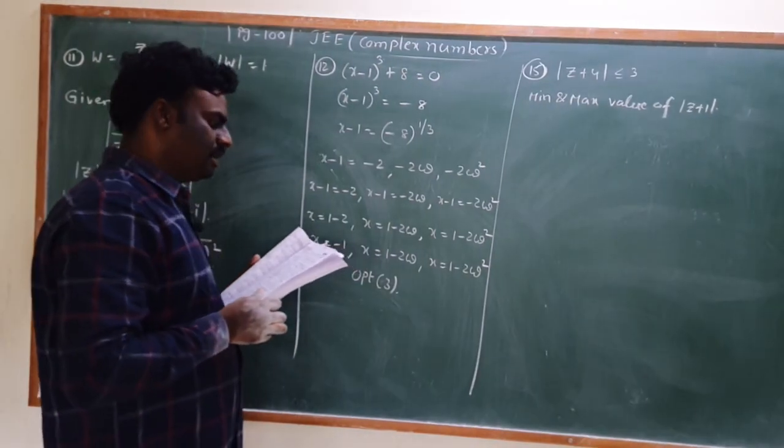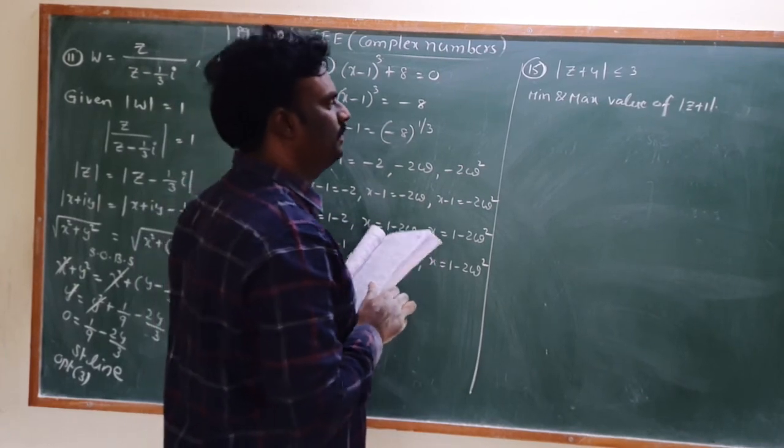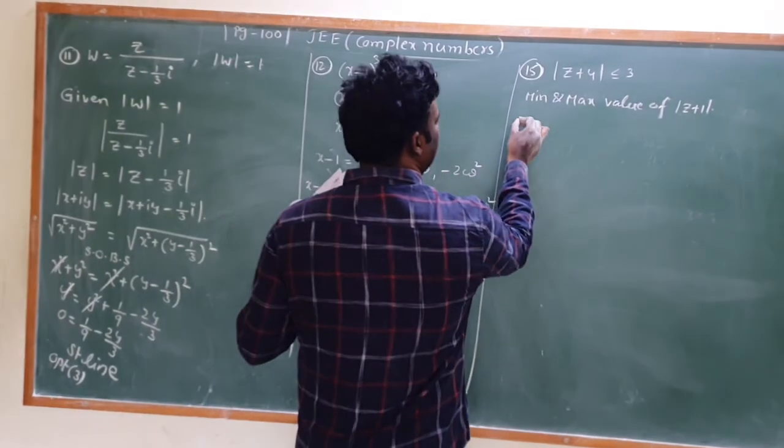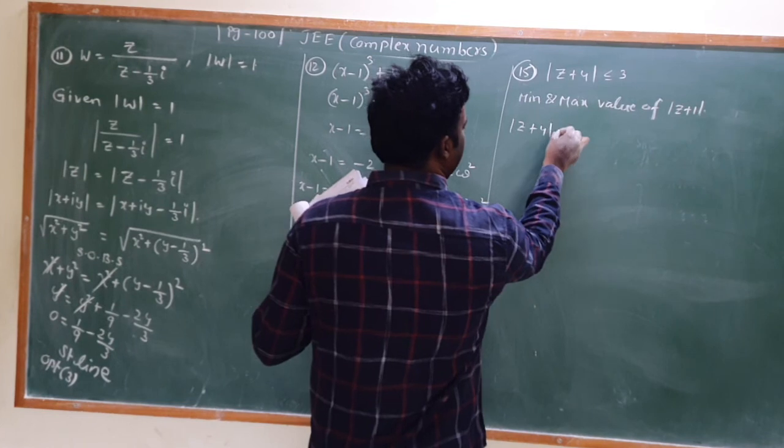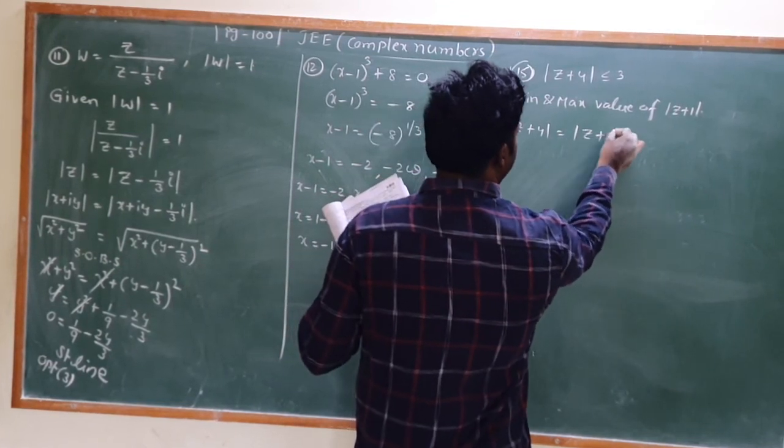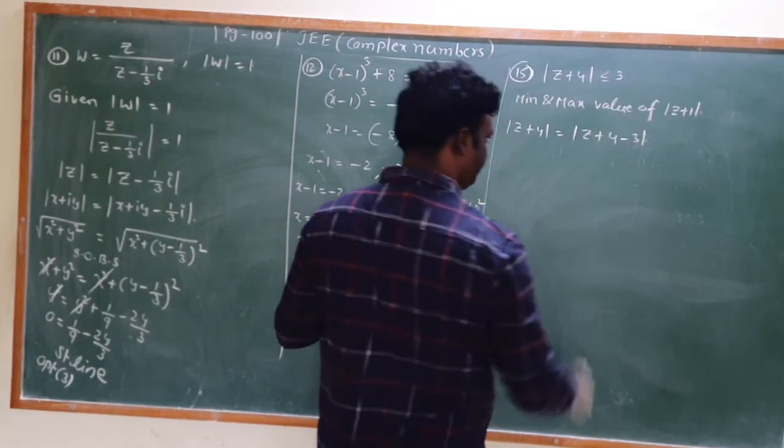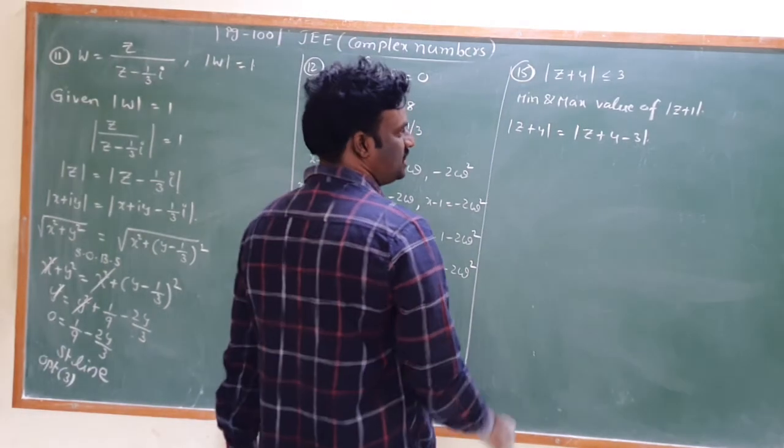Okay. How to write this z plus 1? Z plus 1 I can write as mod z plus 4 minus 3. Okay, because 4 minus 3 will be 1.